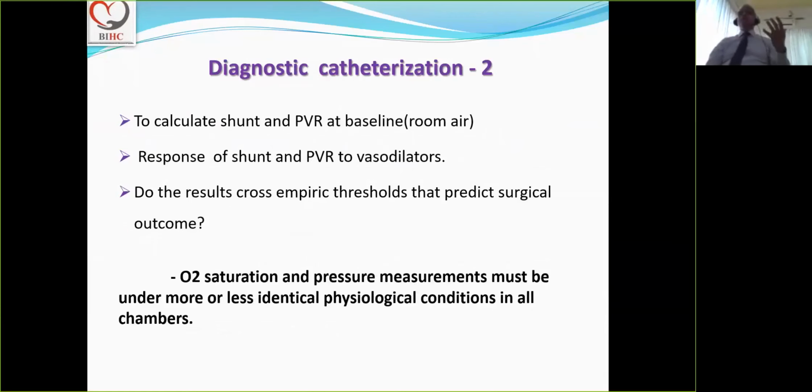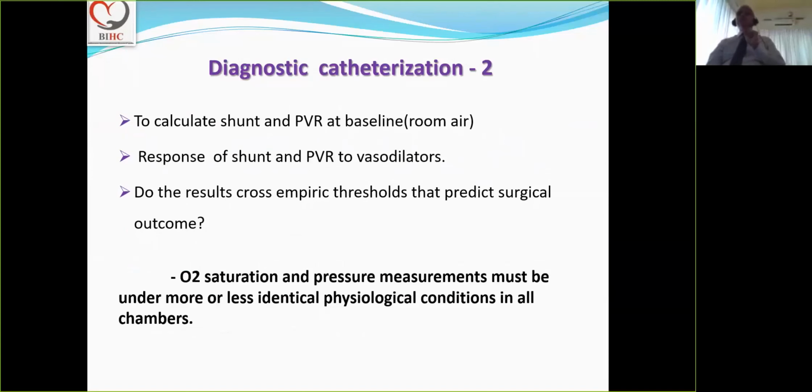Sometimes in older children, when the operability is borderline, you see the response to oxygen or to nitric oxide, to see whether it is responding to vasodilators and to consider whether surgery is possible at all.